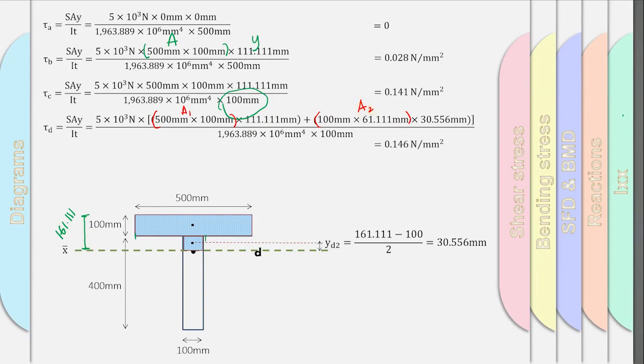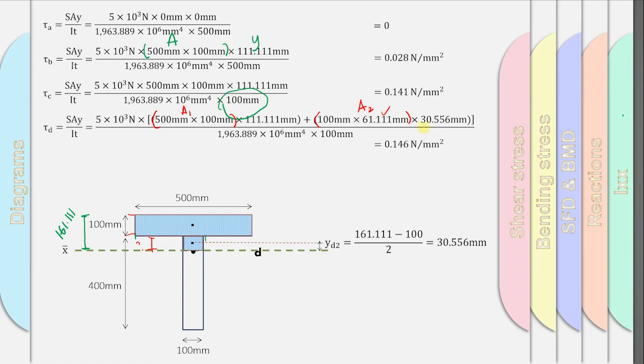So for area 2, it is 100, okay, dia punya width is 100 and then the height is obviously 61.111 sebab you tahu daripada top ke centroid 161.111 tolak 100 ni, so you dapatlah height, balance height yang ni kan, which is 61.111. Okay, so that is for the area.